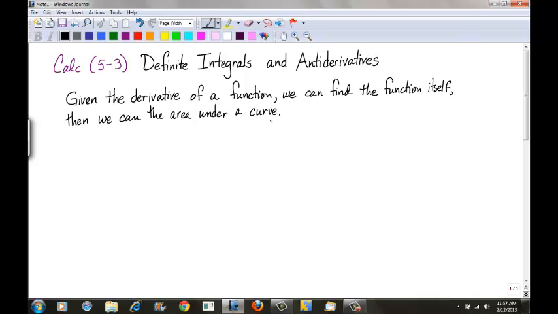Given the derivative of a function, we can find the function itself, and then we can find the area under a curve.